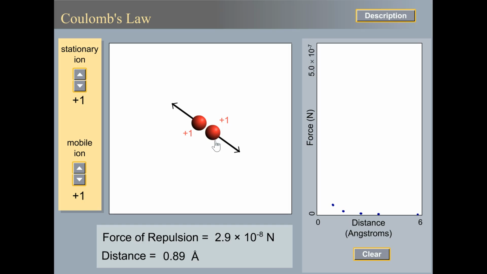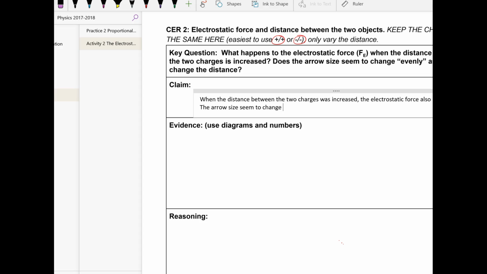So what's happening here? So we want to say that the arrow size seems to get larger very quickly, and it stays small for a much longer period of time, I guess.